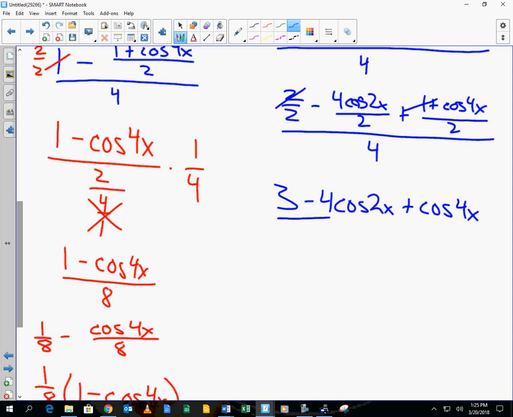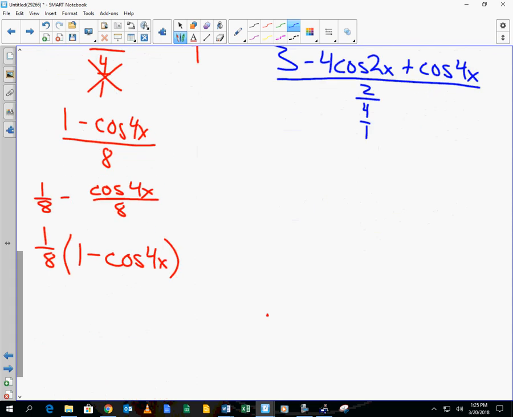That is all over what? 2 over 4 over 1. Multiply by the reciprocal, and I get 3 minus 4 cosine of 2x plus cosine of 4x, big 8. And there is the answer in all of its beauty.